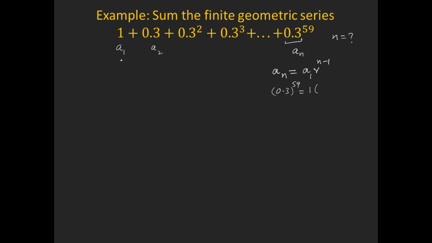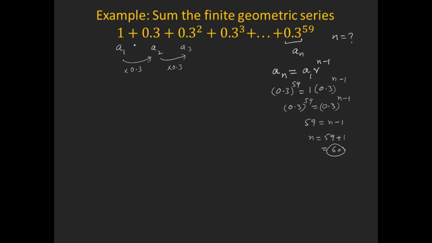R is 0.3, because if we want to obtain the second term, we multiply the first term by 0.3, and when we want the third term, we obtain it by multiplying the second term by 0.3. So 0.3 power 59 is equal to 0.3 power n minus 1. The bases are the same, so the powers will be the same. So 59 is equal to n minus 1, and n is equal to 59 plus 1, which is 60.